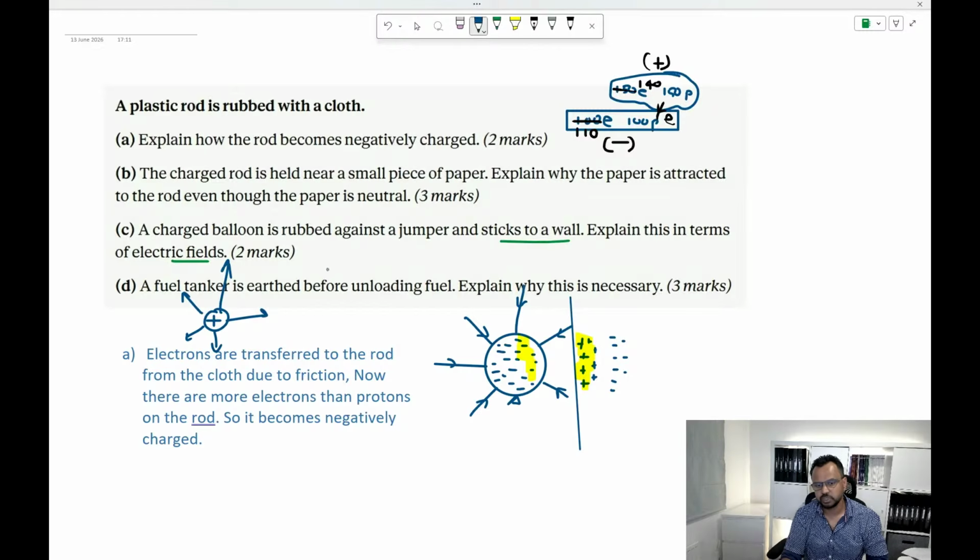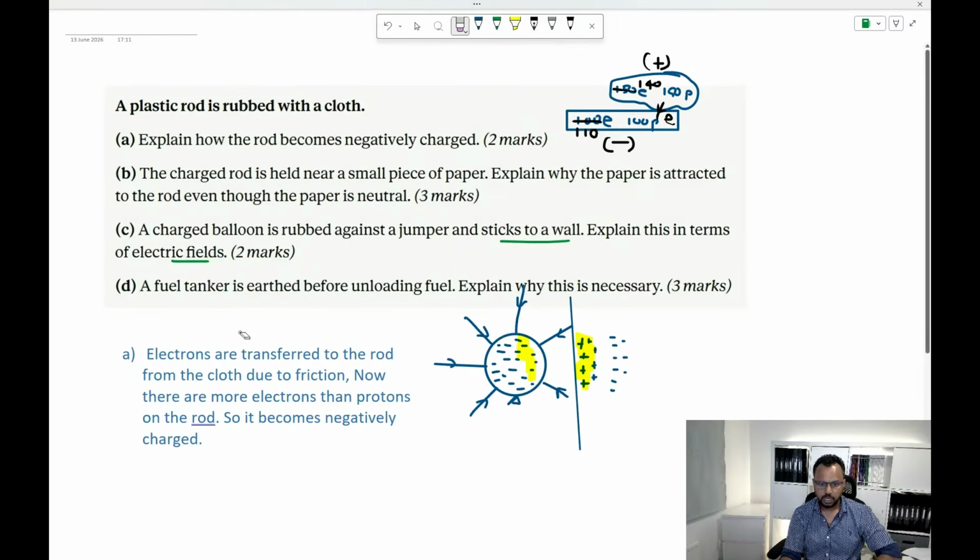The question doesn't specify a charge. About the jumper, it's the same thing. When the charged balloon is rubbed against the jumper, there is an electron transfer. But it doesn't say which way, because it doesn't say what charge it gets. If it specifies it, say the balloon gets negatively charged, then electrons are transferred from the jumper to the balloon, or the other way around.